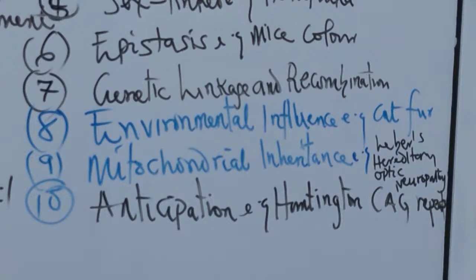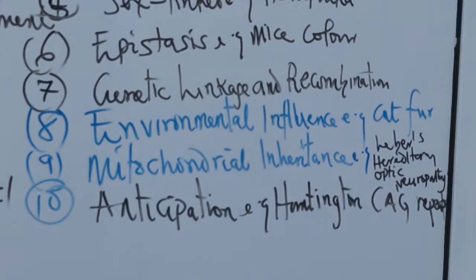It's a disease condition, so we need to know that, and the probability of an affected mother passing it to her children is 100%. So if the mother is affected, definitely all her children, whether sons or daughters, are going to inherit it. So we need to also know of this.